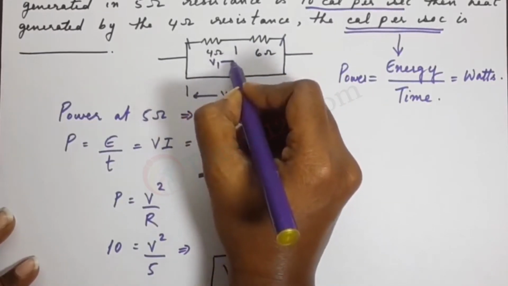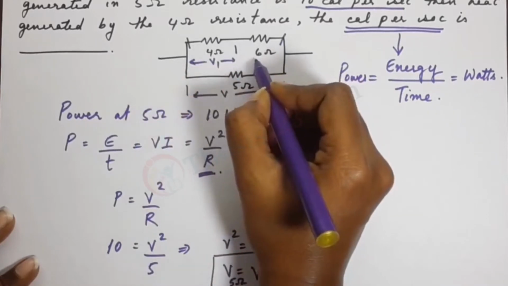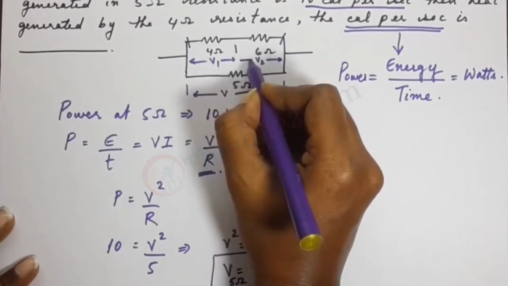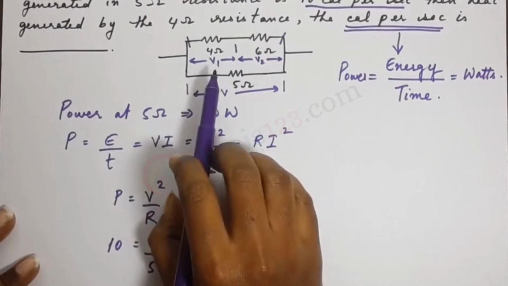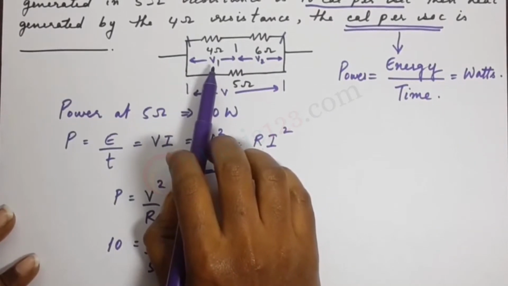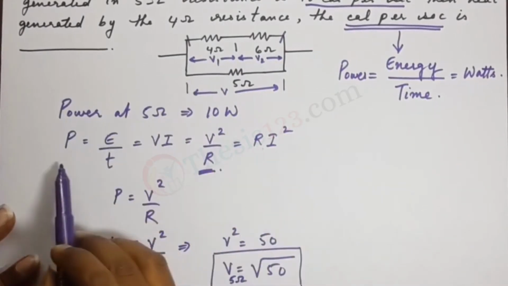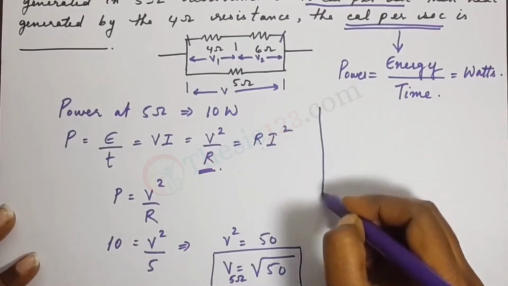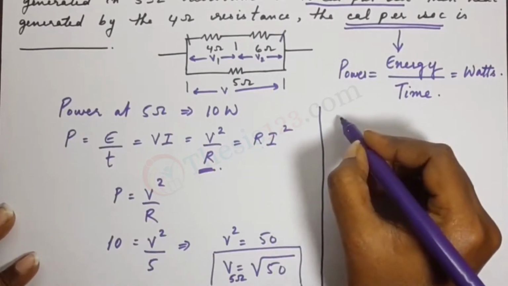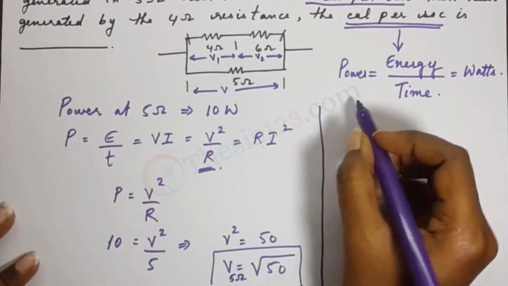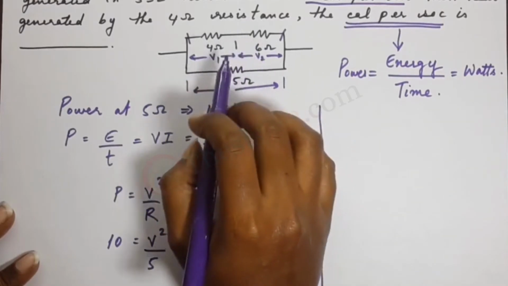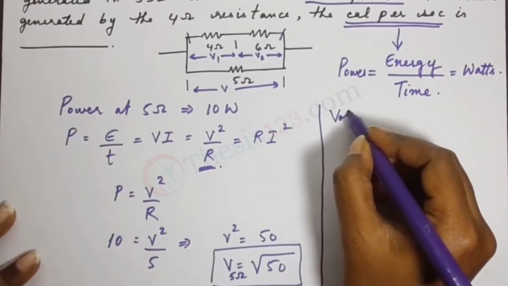We have one voltage here across this resistor and we have another voltage here across this resistor. We are supposed to find out what V1 is in order to find what P is. So let me write this here. Okay, so we need V1. We can find V1 by using the voltage divider formula.